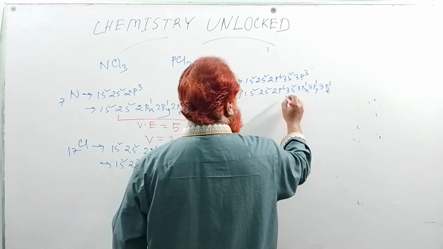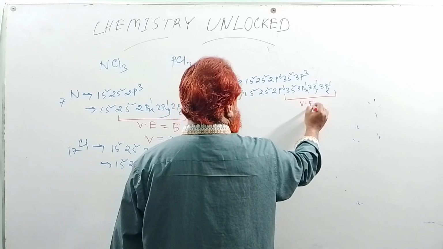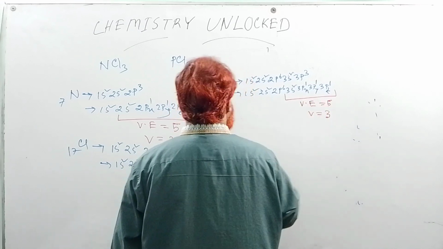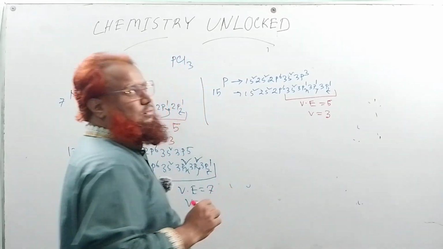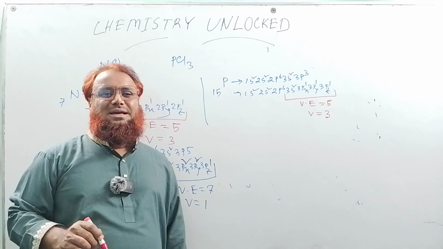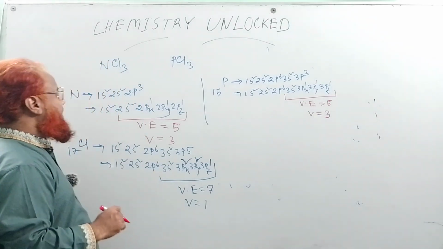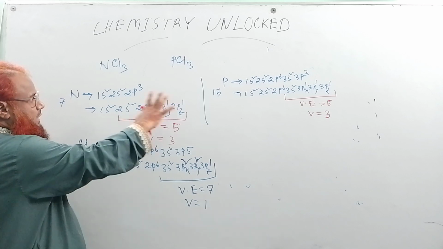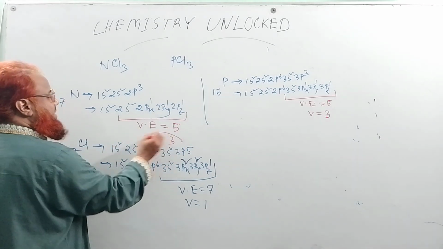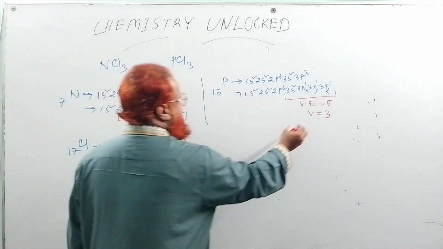So total number of electrons in the valency shell, valence electron, is 5, valency is 3 at normal state of phosphorus. Phosphorus has variable valency and we will also discuss it, my dear student. So from this electronic configuration, we can easily observe that valency of nitrogen is 3, valency of chlorine is 1, and phosphorus is what? 3.